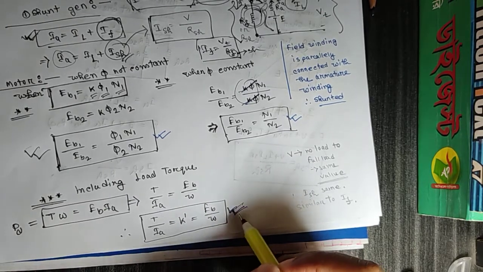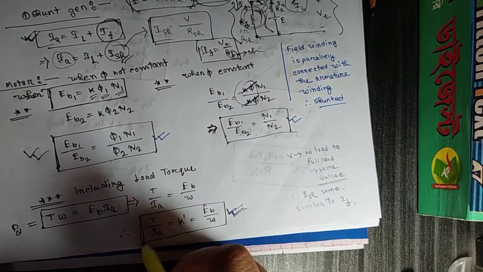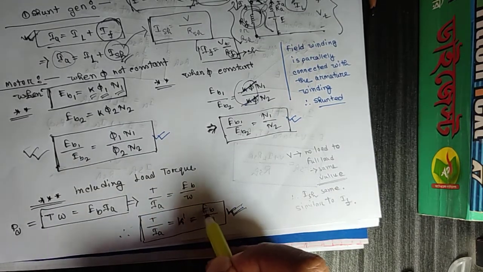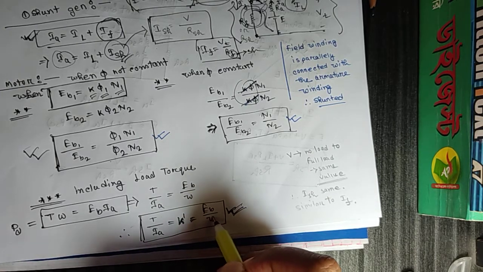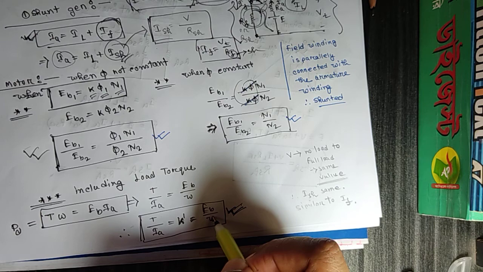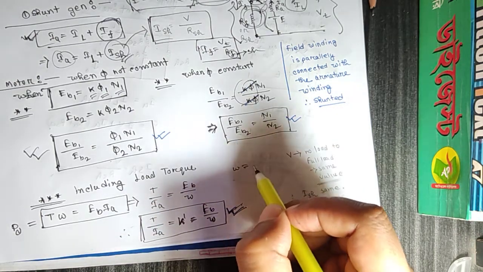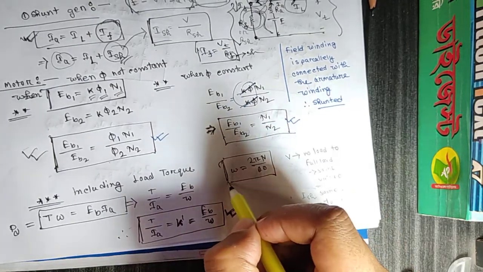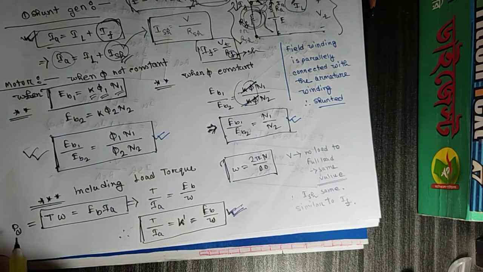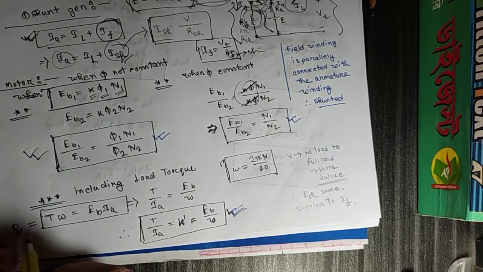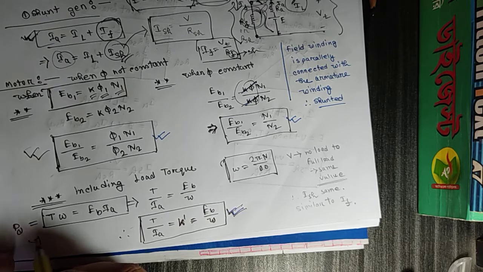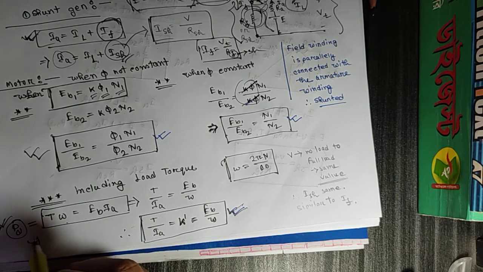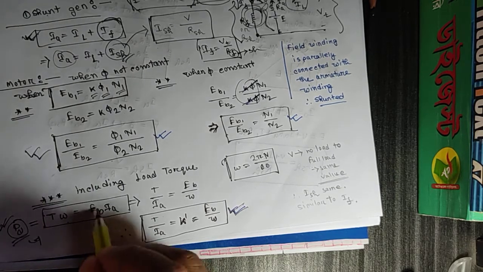Including the torque equation, if a question is given, you can use this: torque divided by armature current equals K prime times EV divided by the angular velocity. Angular velocity omega equals 2 pi N divided by 60. We know that, right? Actually, the developed power is equal to torque times angular velocity, and also the developed power is equal to back EMF times armature current.